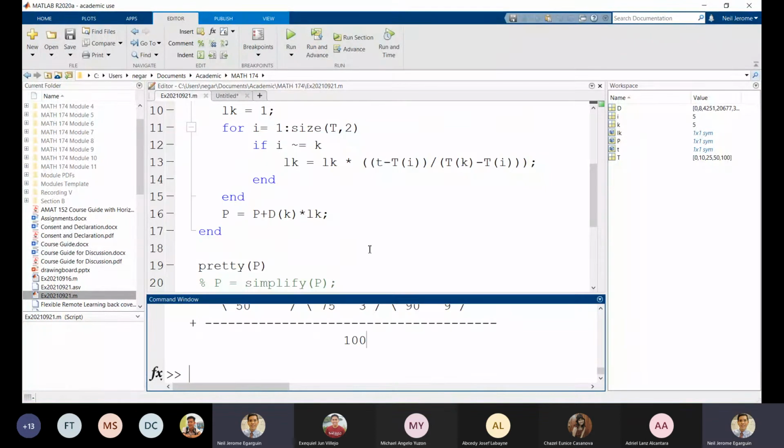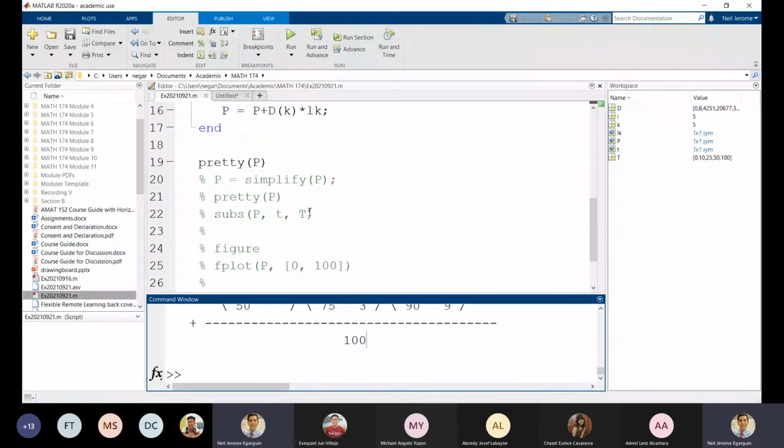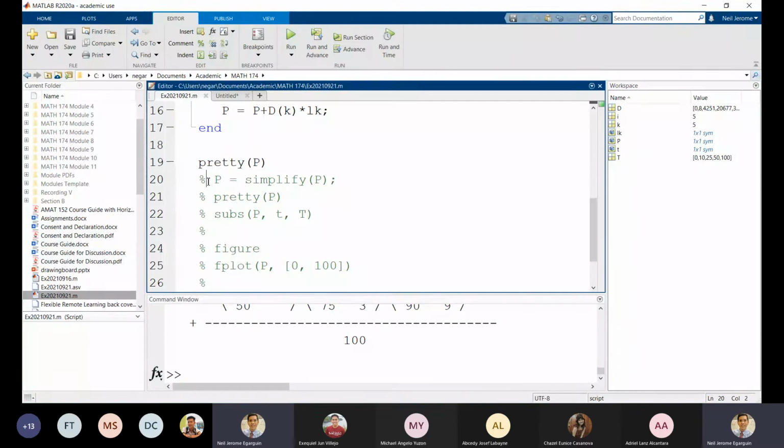So, meron dito I can look at line 20. So line 20, meron akong P equals simplify P. So, ibig sabihin, itatry ni MATLAB na i-simplify yung polynomial P. And since I am assigning the simplified version of P to the variable P, ma-overwrite niya na yung previous value ni P. Yung nakita natin na mahabang fraction kanina dito sa command window.